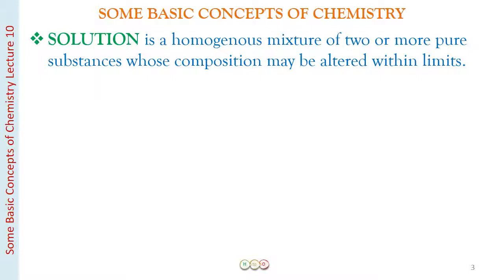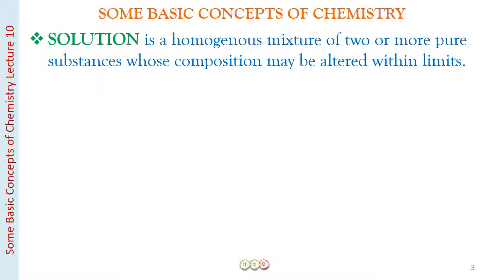And I hope you remember what a homogeneous mixture is. We did discuss this while we were classifying matter into mixtures and pure substances. Quickly revising, a mixture contains two or more pure substances present in any ratio, which are called its components, and a mixture may be homogeneous or heterogeneous.